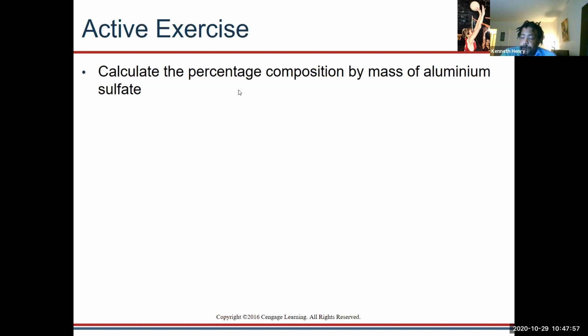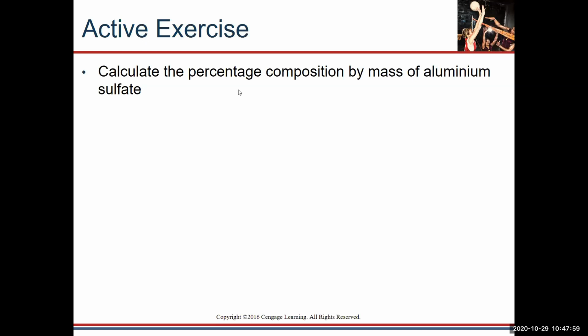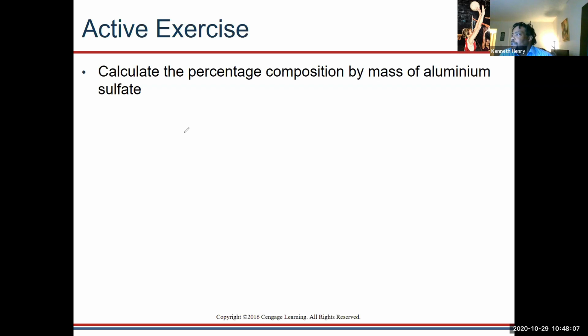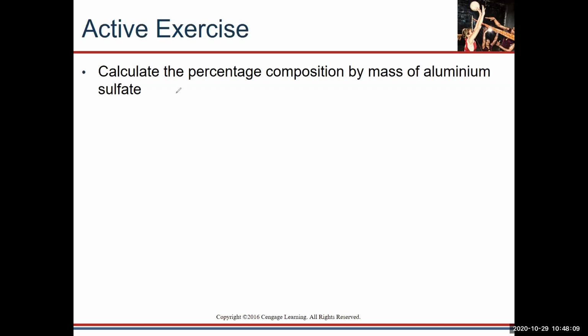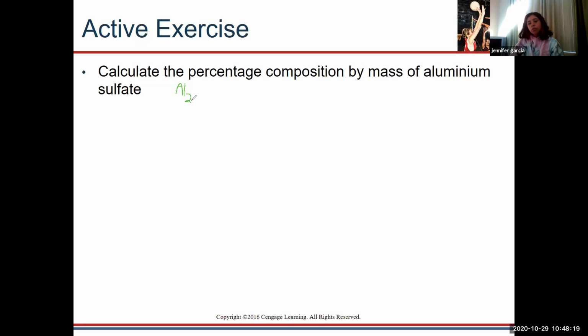So where am I going to start? Writing down the formula. Okay, so what is the chemical formula? Al2(SO4)3.